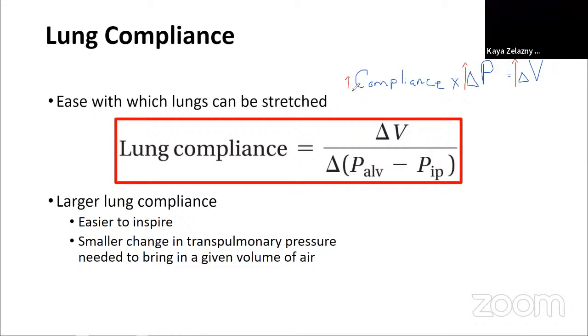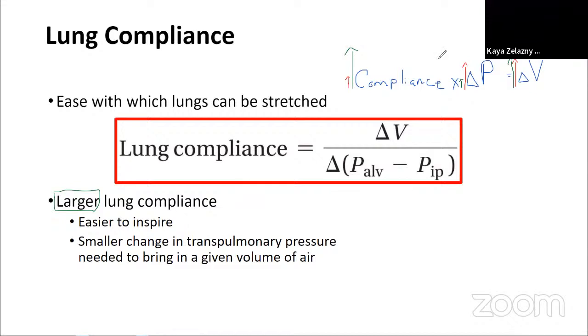But if we have a high compliance, we only need a small difference in pressure to create that same difference in volume. So we want our lungs to be compliant. We want them to be highly compliant.